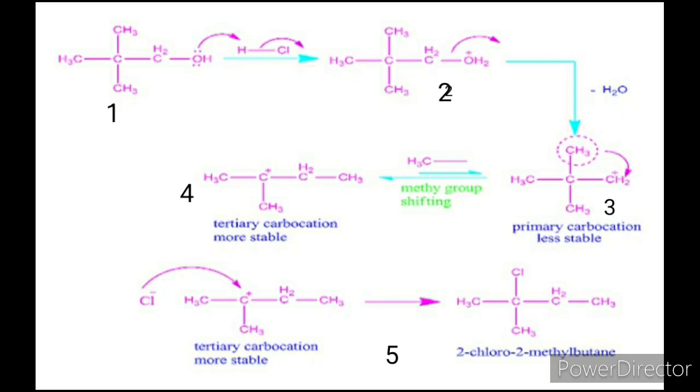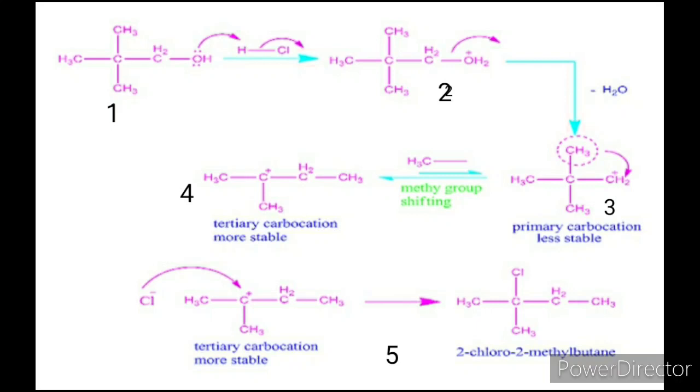Now, many of us will think that the Cl negative, the remaining part of the halogen acid, will attach to this primary carbocation, but this does not actually happen, because the primary carbocation is very less stable and thus the product will also be less stable. So to overcome this, a methyl group present next to the primary carbocation shifts.